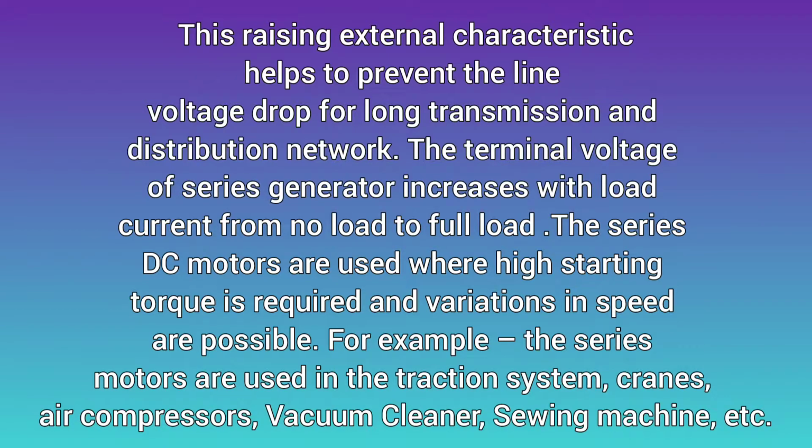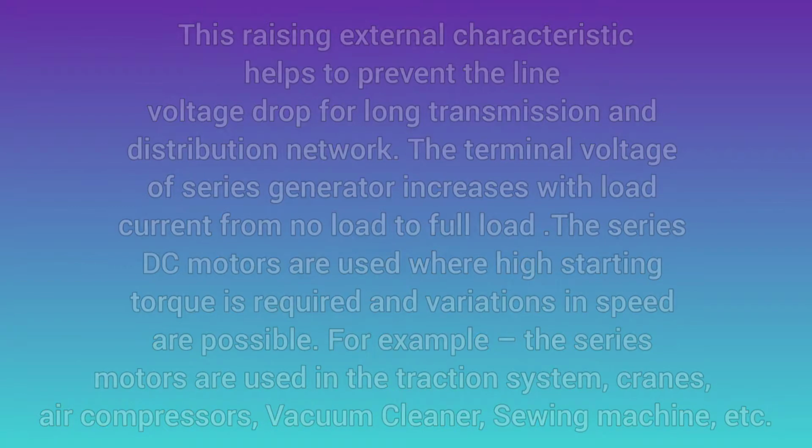The terminal voltage of a series generator increases with the load current from no load to full load. Series DC motors are used where high starting torque is required and variation in speed is possible. For example, series motors are used in traction systems, cranes, air compressors, vacuum cleaners, sewing machines, etc.